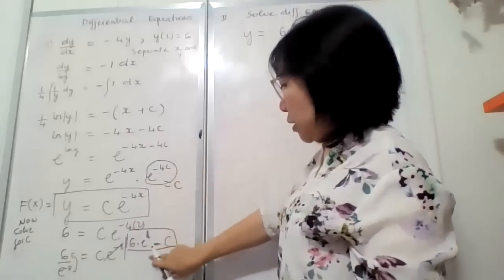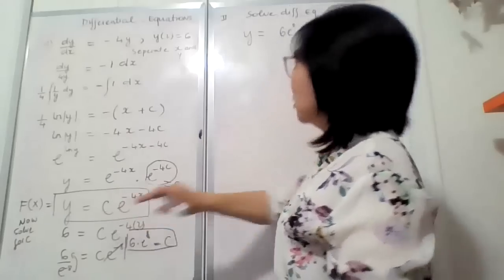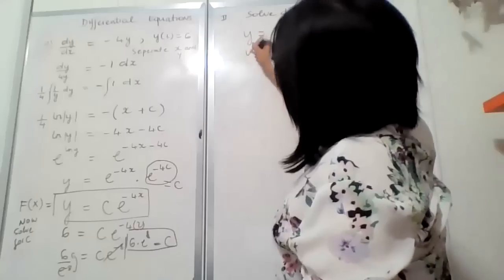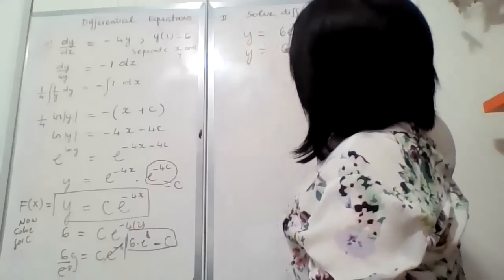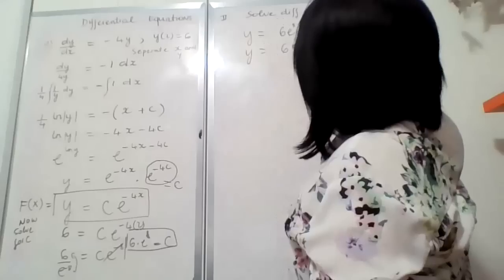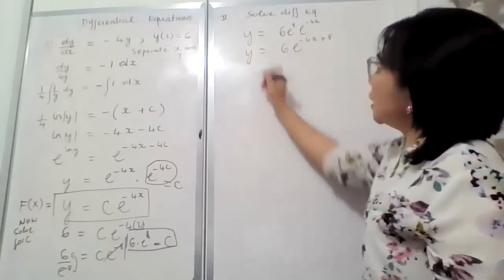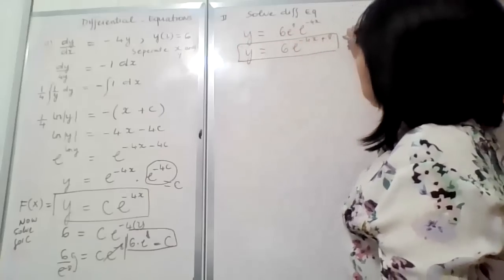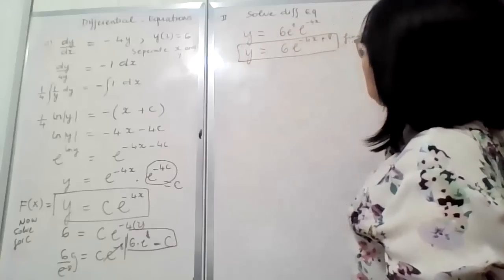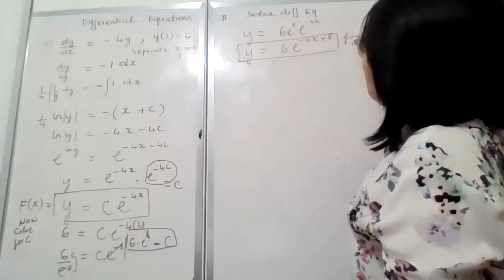We follow this and we substitute c to here. So now we can rearrange it again. It will be 6 e to minus 4x plus 8. So that's how we're done. We solve. This is the final answer.